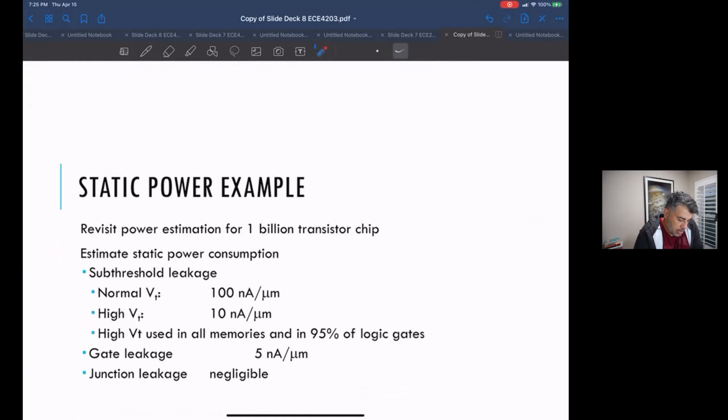This is going back to our previous example, right? We had, let's see, what do we have?